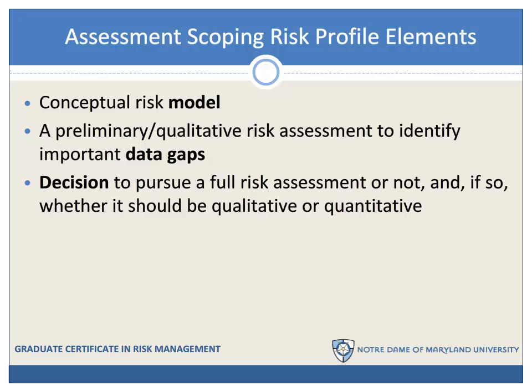And that's very important to know before launching a formal risk assessment, because sometimes it's necessary to do some research. You might have to pause for a few months or even a couple of years in some cases to do some directed research to fill the critical data gaps that are necessary to enable you to complete a risk assessment.